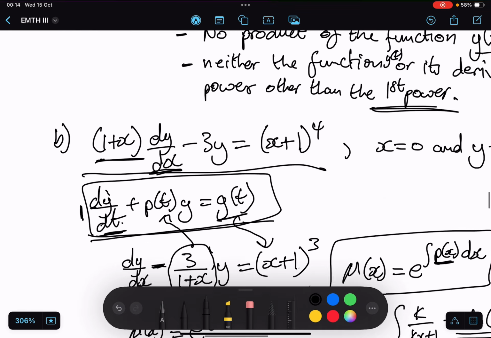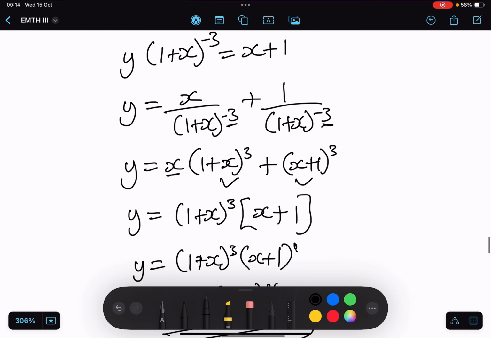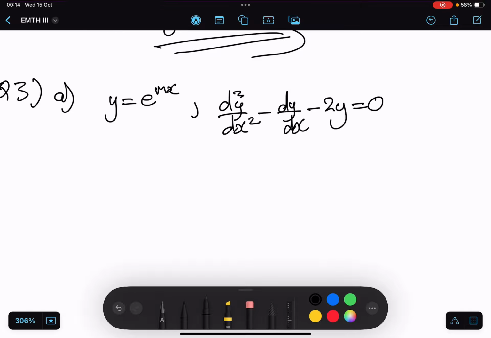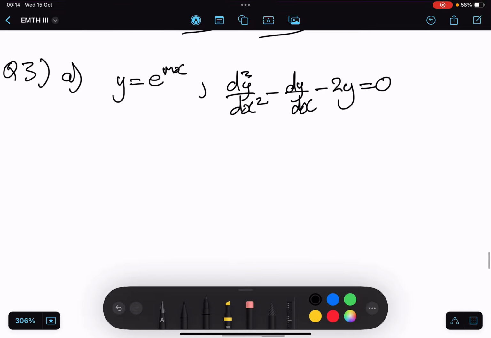So this is also a way of finding the auxiliary equation. If you are not using the D operator, you can also use this principle to find the auxiliary equation. So we want to know when will this be a solution. What are the values of m that will make this function a solution to this ordinary differential equation?